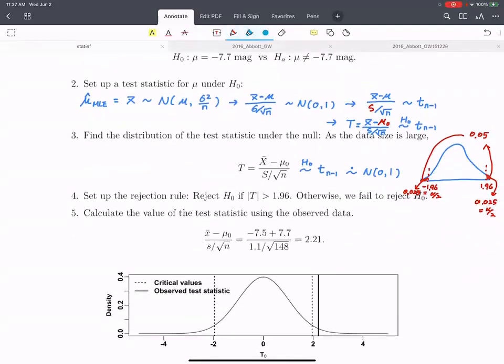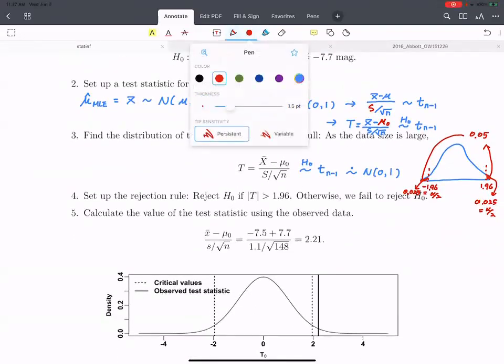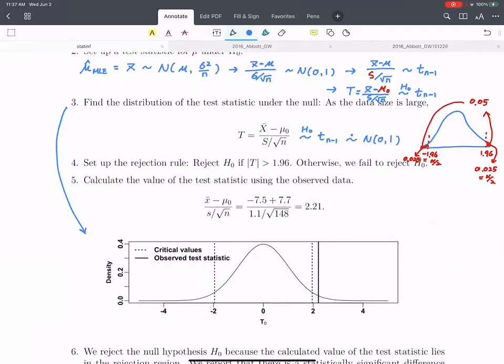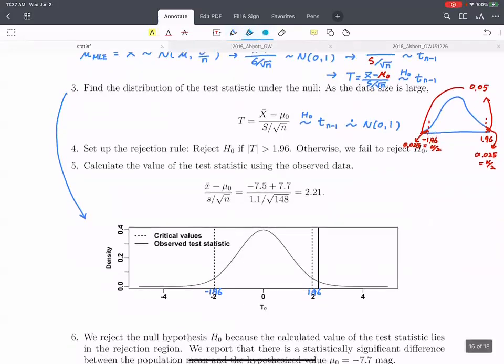Basically, I also need to visualize that: this part will be here, negative 1.96, and it will be 1.96. And we determine the rejection rule based on that distribution. So we will reject the null if the test statistic lies in the rejection region, and in the complement area, we will not reject the null.